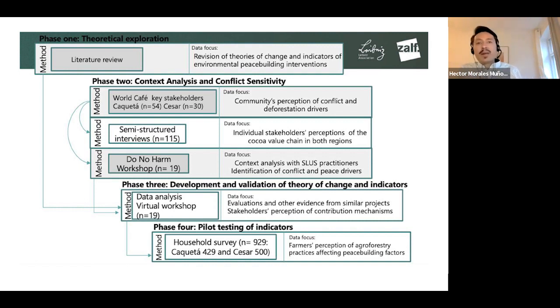And at the end, we did a little pilot testing of indicators with a survey of 929 households. Basically, these were farmers that had already implemented some form of agroforestry practices, and we asked them about peacebuilding factors such as trust, opening dialogue spaces, and the probability that they could cooperate with other actors.